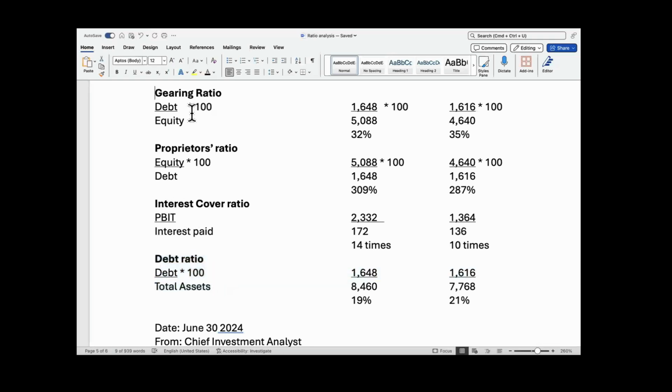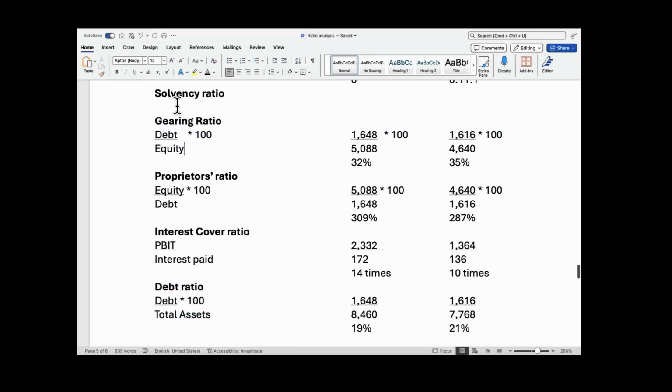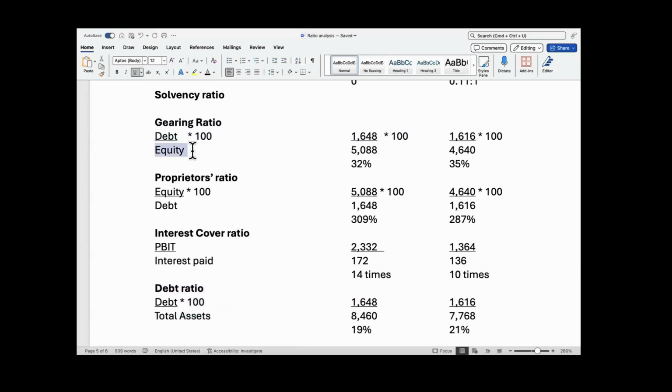So you can just compute your gearing ratio. For this gearing ratio, you can use this formula as we have used it, or you can use debt over debt plus equity. And don't forget that the debt we used was fixed interest debt, not all the total non-current liabilities.